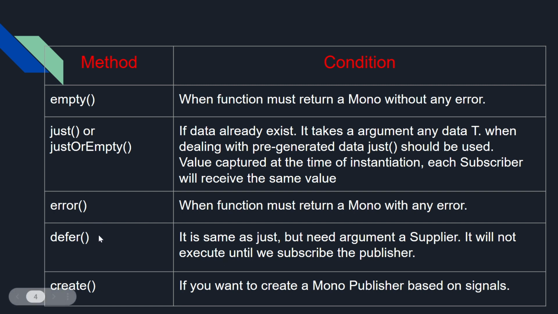Until we subscribe to the defer publisher, it will not capture any value. Coming to just, it will capture the value at the time of instantiation. Coming to defer, it will capture the value at the time of subscription. When we subscribe to the publisher, only at that time will it capture the value. This is the main difference between just and defer.